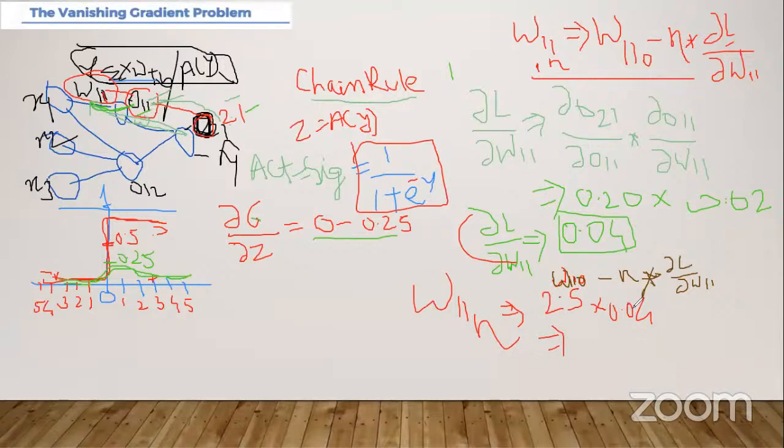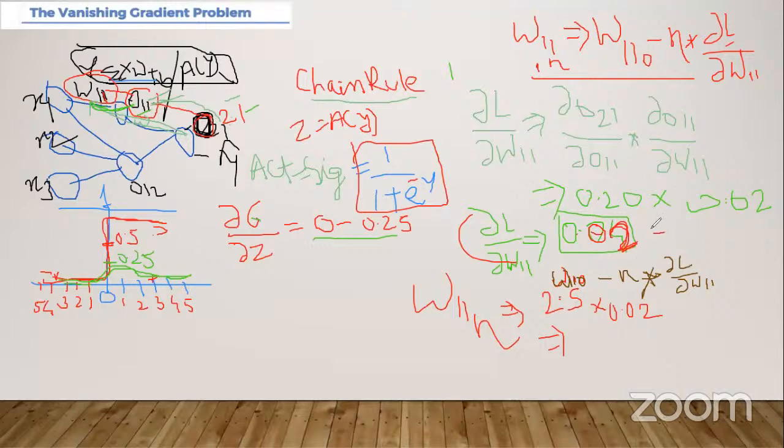Not 0.04, let's say this is somewhere around 0.2. We'll take a smaller value initially. Let's say 0.2. If I multiply this, let's understand that the derivative is coming to 0.02, not 0.4. So I'm taking smaller values.